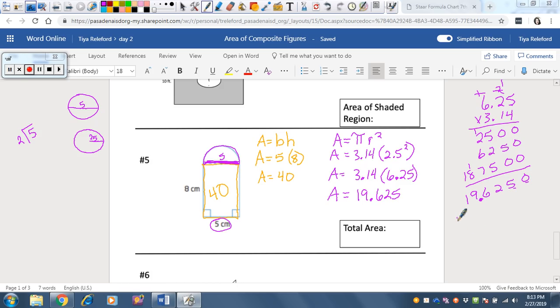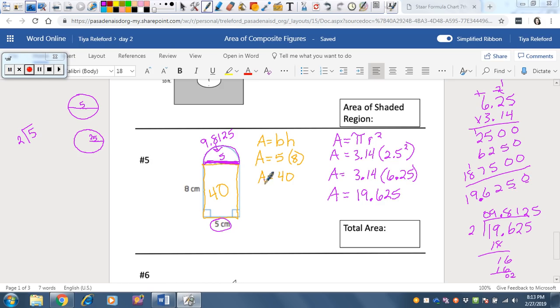You're still not done, guys. Now you need to divide by 2. That is horrible. 9.8125.